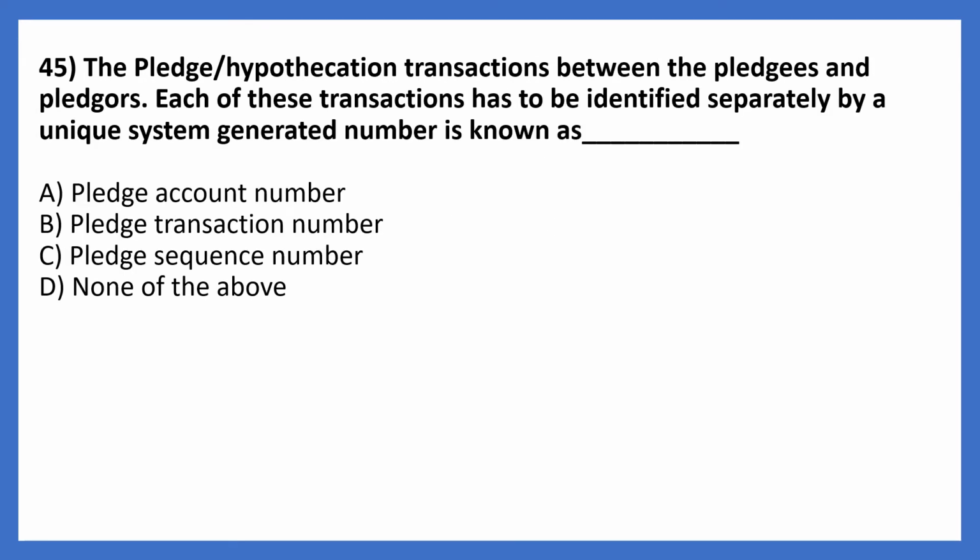In pledge or hypothecation transactions between the pledgees and pledgers, each of these transactions has to be identified separately by a unique system generated number known as option A, pledge account number, option B, pledge transaction number, option C, pledge sequence number, and option D, none of the above. The correct answer is option C, pledge sequence number.